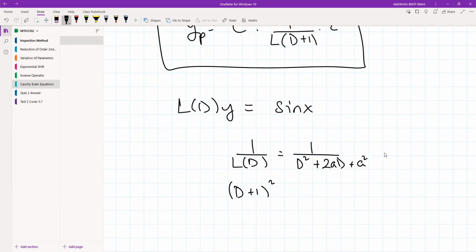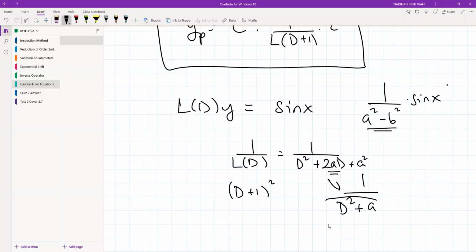So maksudnya dia bukan in terms of 1 over D kuasa 2 tambah A. Dalam case ni, sebab dia ada AD, kita tak boleh guna formula 1 over A squared minus B squared of sin X. Tak boleh sebab dia bukan dalam form yang D squared plus A squared. So maksudnya kena guna benda lain lah.